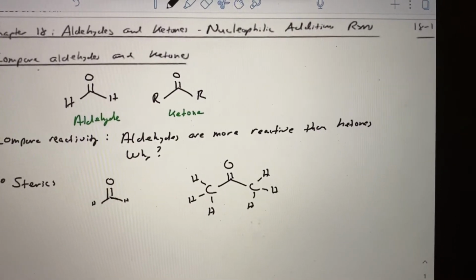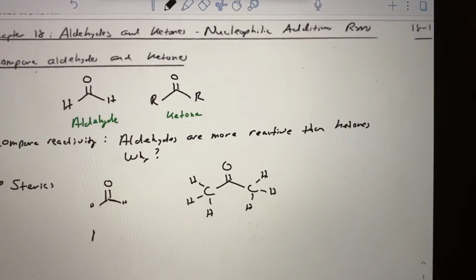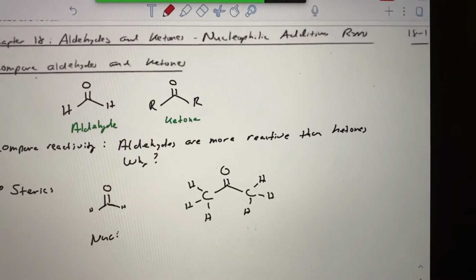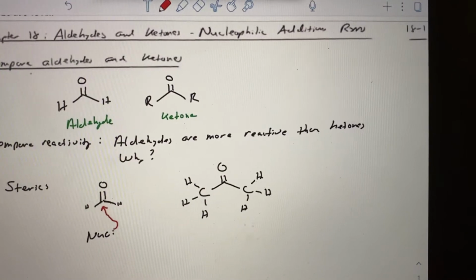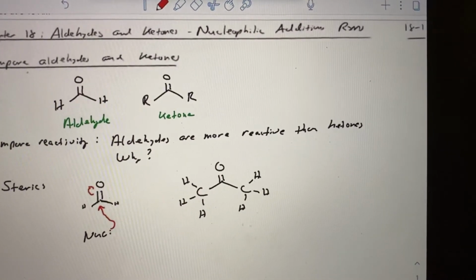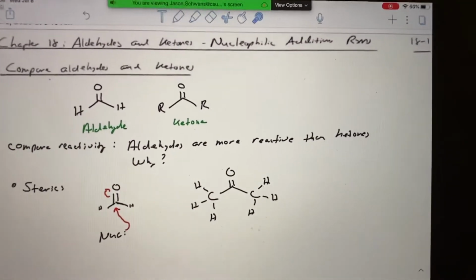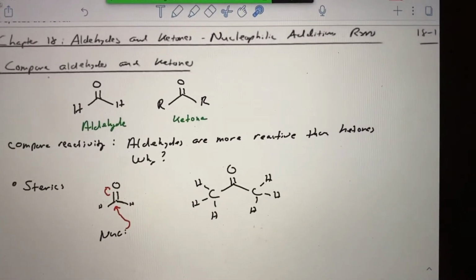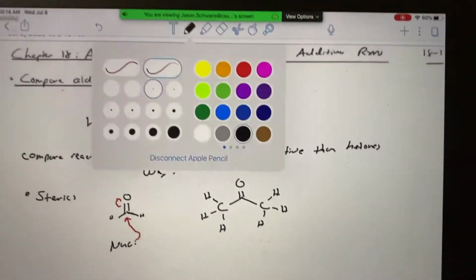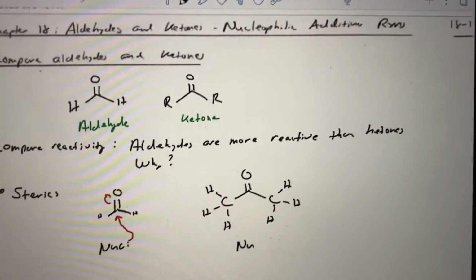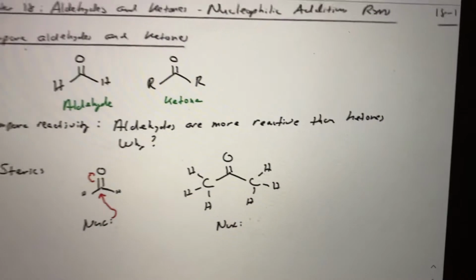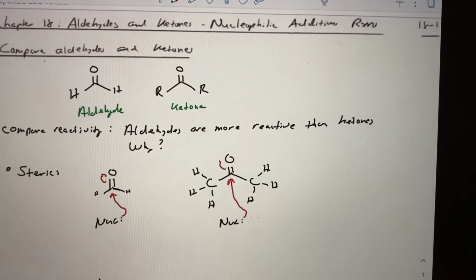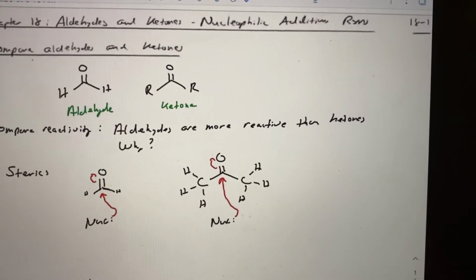Here, imagine having a nucleophile attack. It needs to have access to attack, as we were mentioning, from the backside of this aldehyde or ketone. And here we have these two little hydrogens, which are really not providing any sort of steric hindrance. However, even though it does still happen, and we'll see all sorts of reactions with ketones, there is a little bit more of a steric hindrance here when we have these two larger methyl groups.